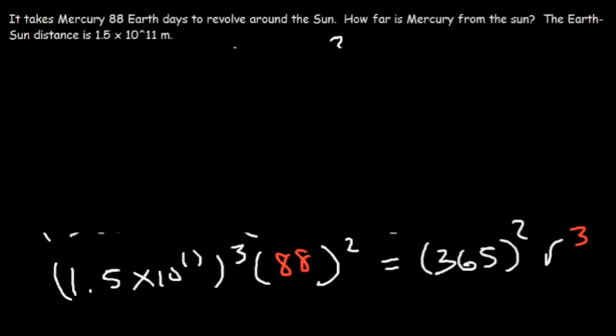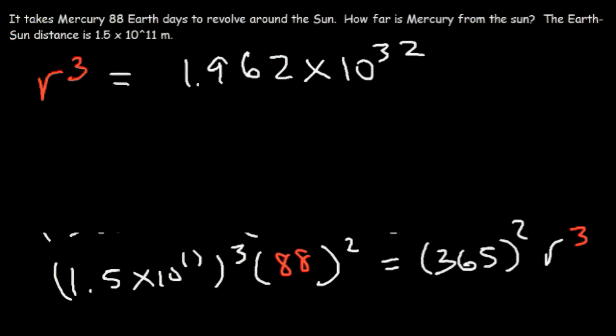So what we now have is R to the third is equal to 1.962 times 10 to the 32. So at this point, we could take the cube root of both sides.